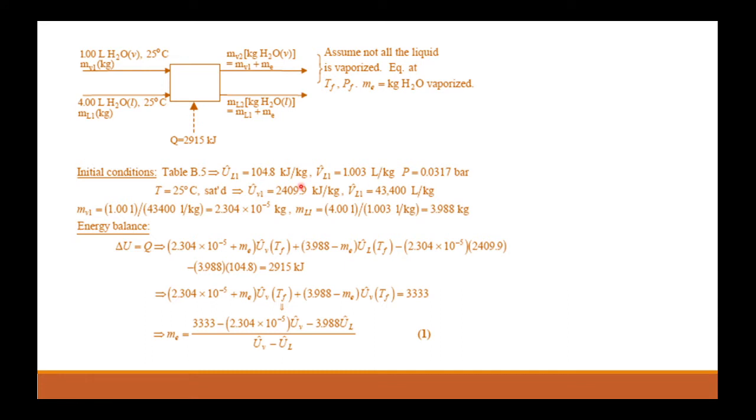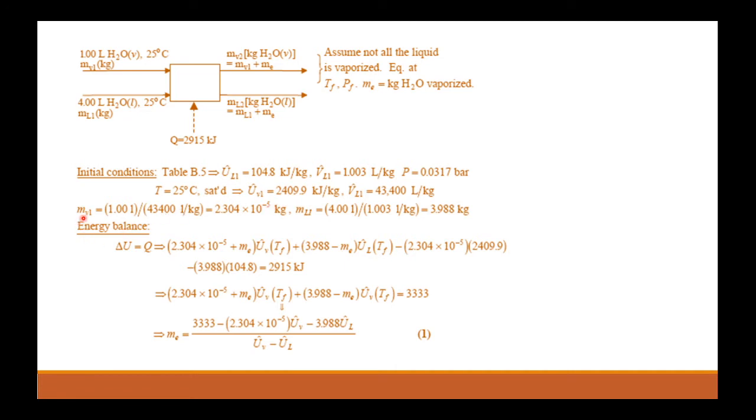So at 25 degrees Celsius, saturated. So for the liquid phase, we look at the column where it writes water. So over here we look at the column where it writes vapor. Sorry, this one is vapor, this one is water. And look for the values here.